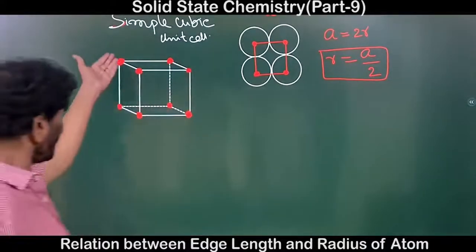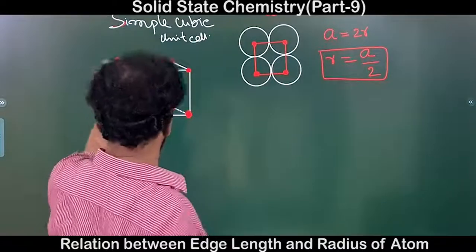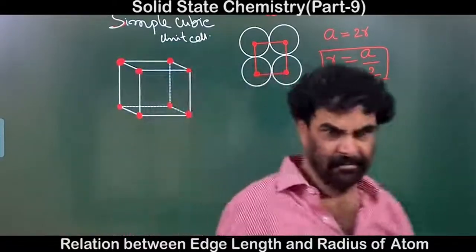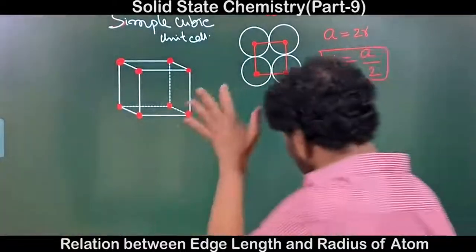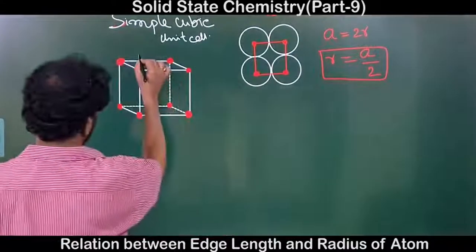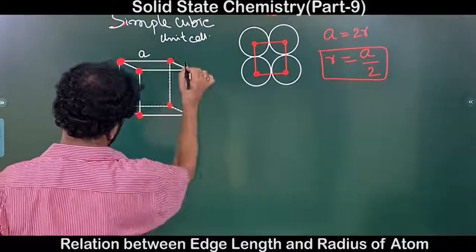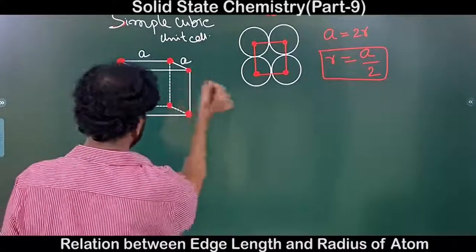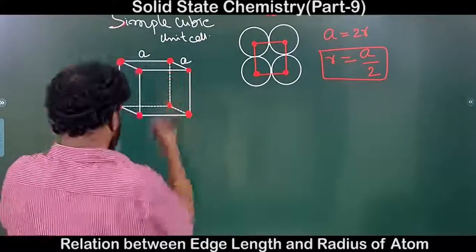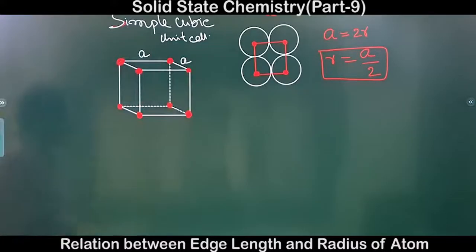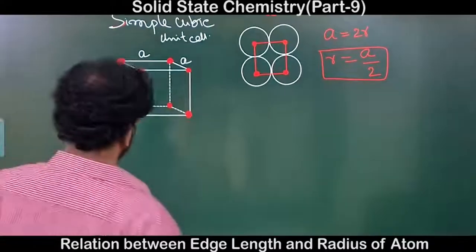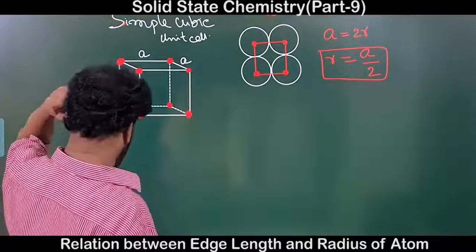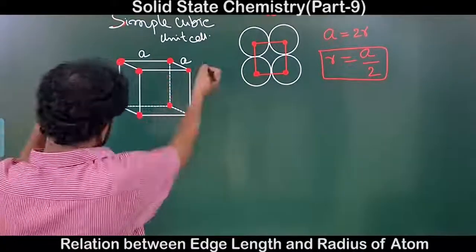See, in the picture the edge lengths may not look equal, but they are equal. This is a, this is a, this is a; all edge lengths are a, that is, a equals b equals c.